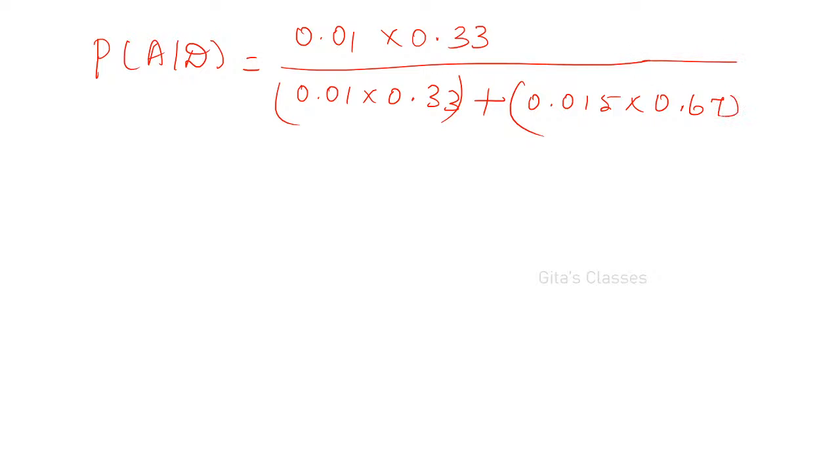So Nagalakshmi, you got 1 by 7. Okay, let me check. Even I have not done it. 0.015 into 0.67, right?